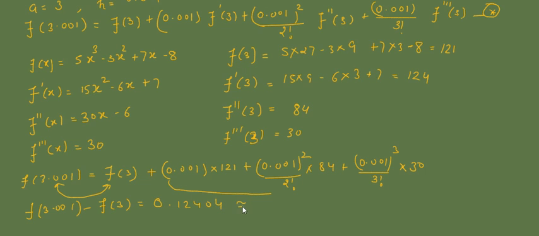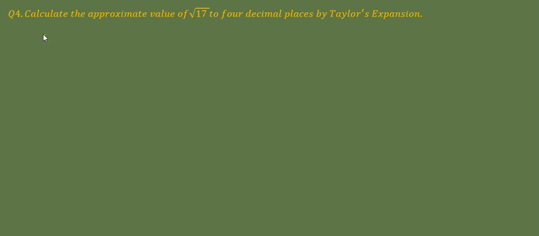So if you approximate, this will be 0.124. So this is the difference when x changes from 3 to 3.001. So this completes the solution of this. So let's start question number 4.